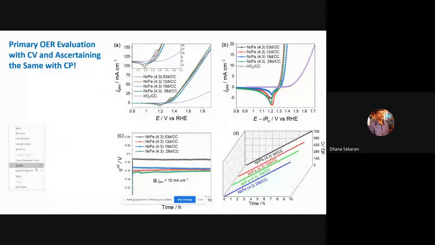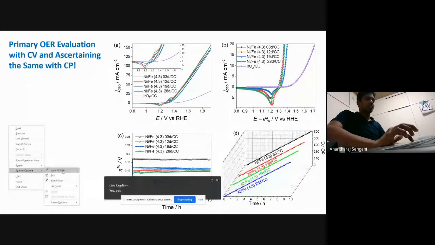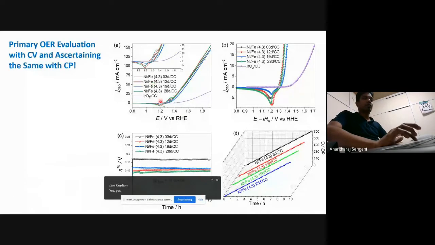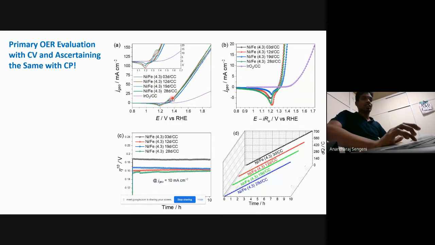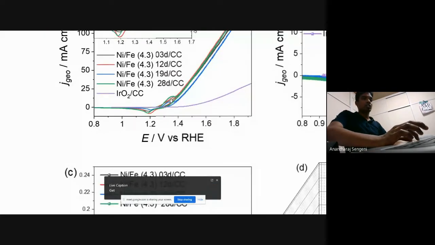Yes. So this is an example. As you can see here, this is a set of NiFe based electrocatalysts studied for OER. The oxidation current is over 15 milliampere, so I cannot measure the overpotential here.